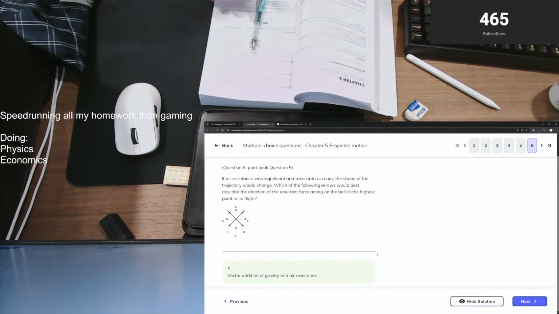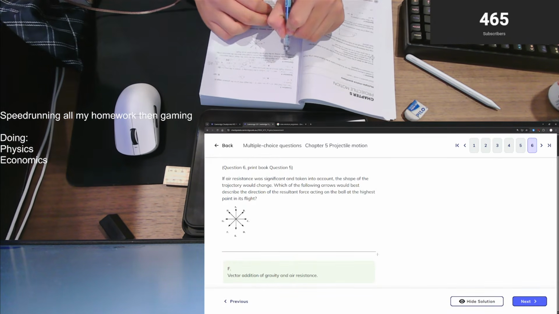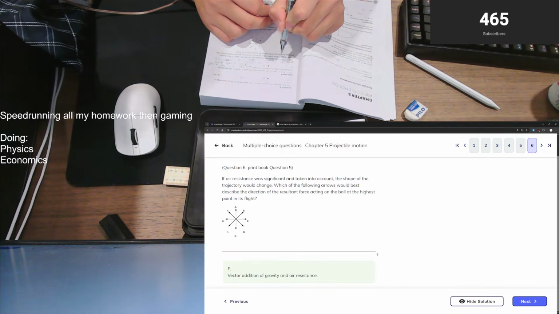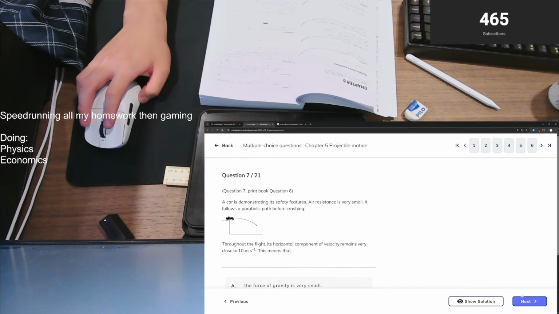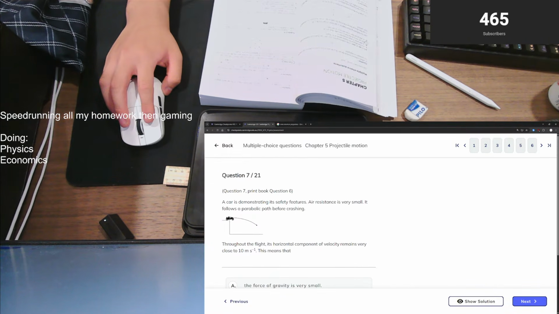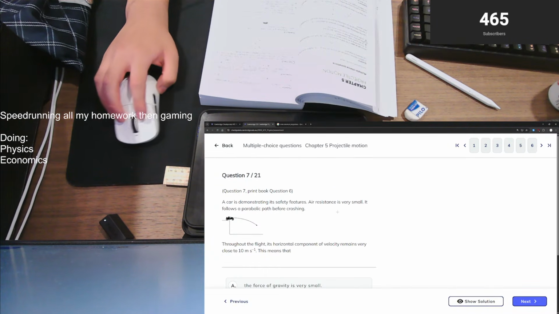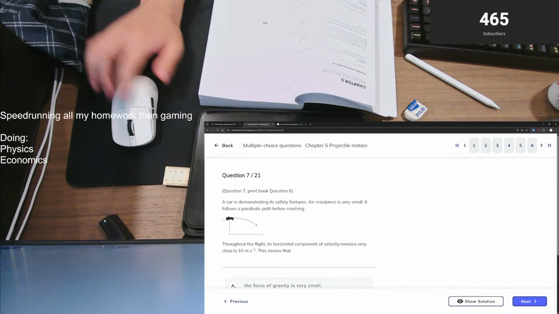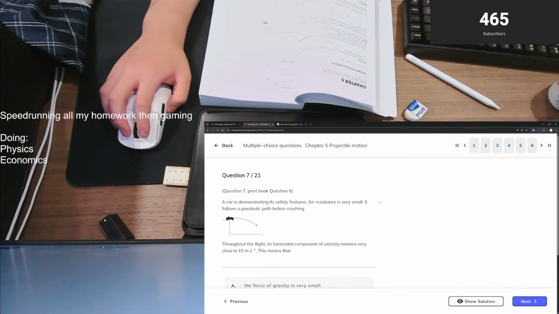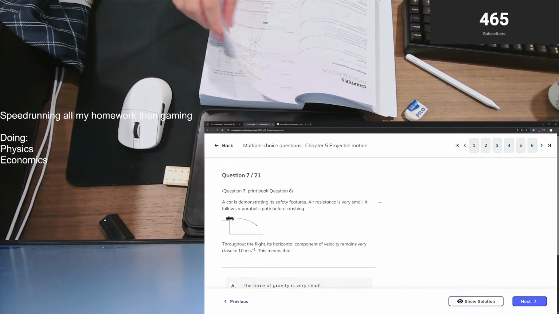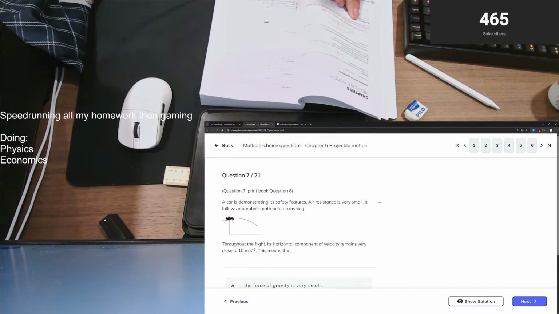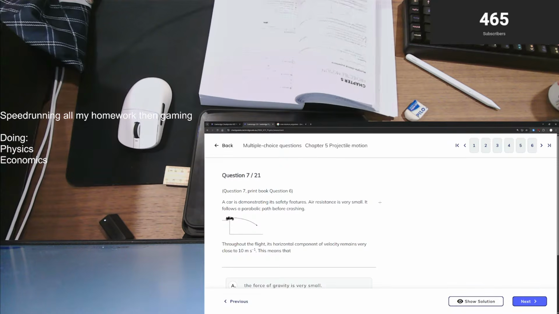Well, I don't get it. This one I'm asking the teacher. You can disable the chat. Bro, I never said acceleration is 0. You can disable chat. Oh, good.